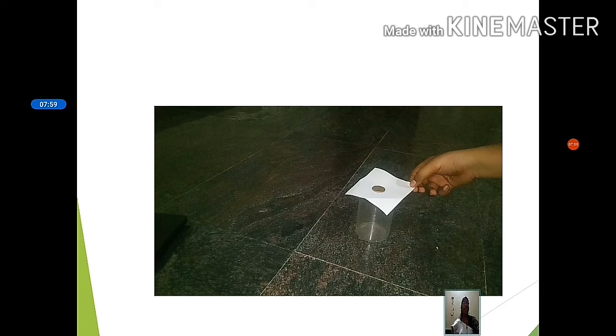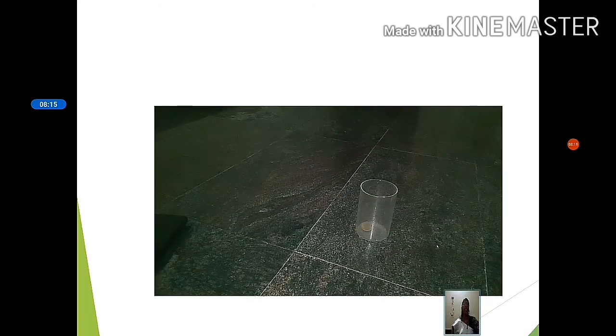But the coin has the inability to move. That is, it has inertia of rest. So what will happen is, yes, the coin fell into the glass itself because of its position.